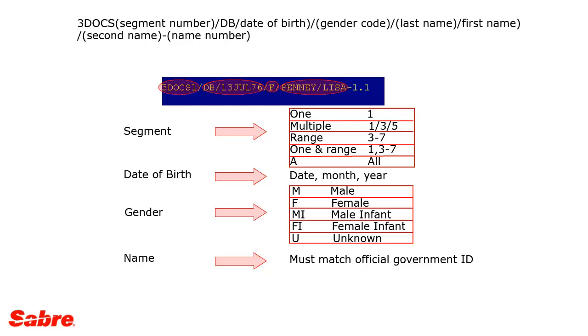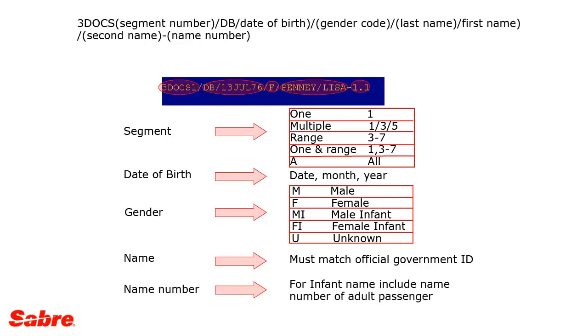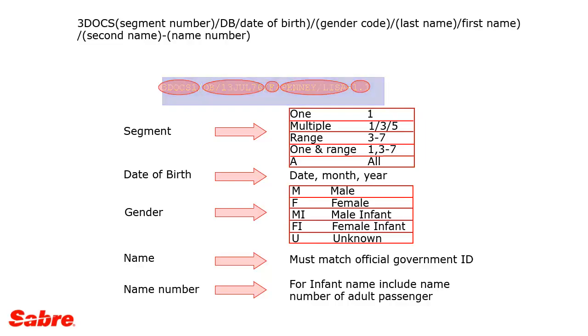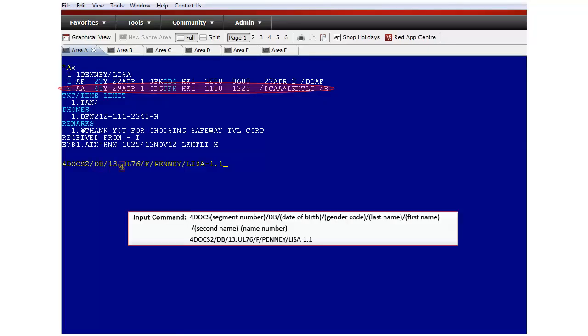Titles such as Mr. or Mrs. should not be added in the Secure Flight passenger data. -1.1 for the name number in the PNR. Note that if the passenger is an infant, you should include the name number of the adult. We'll see an example of this later. For segment number 2, the format starts with the number 4 because it is an American Airlines flight.